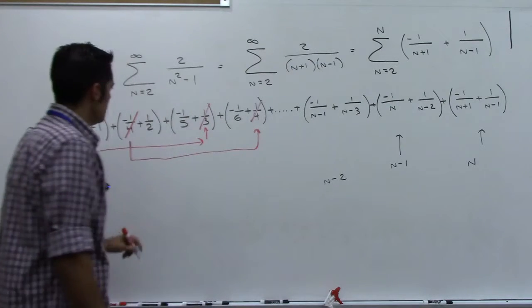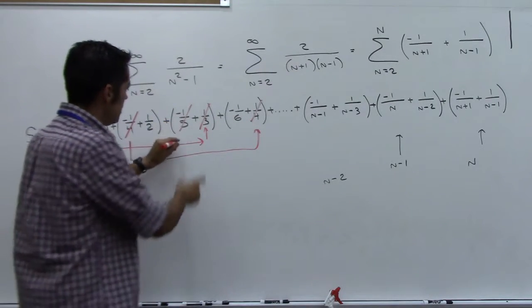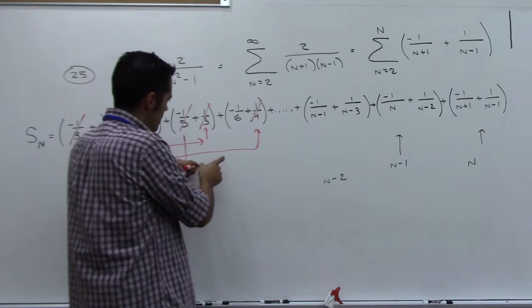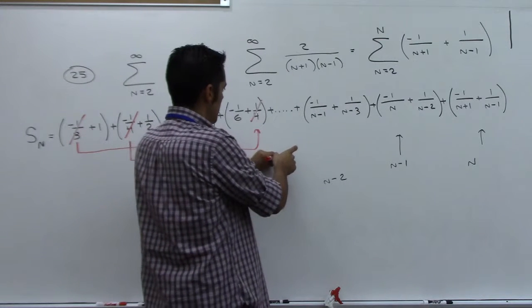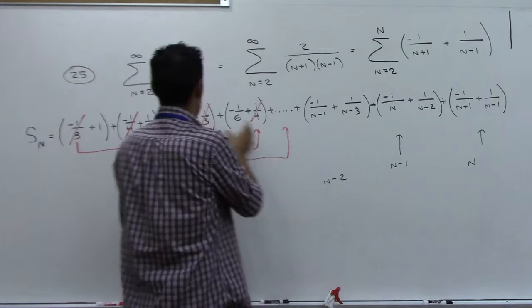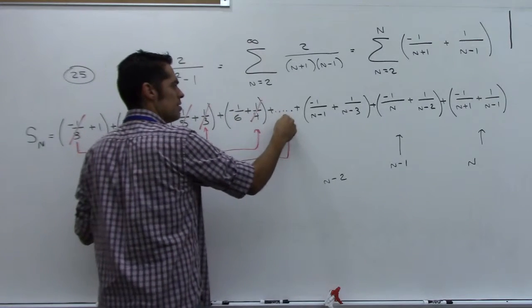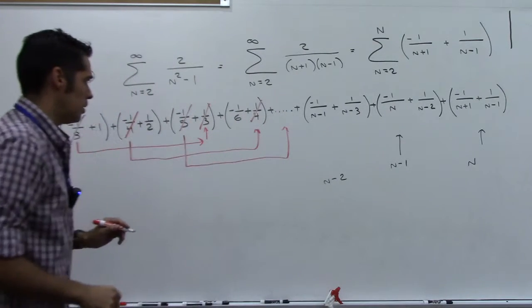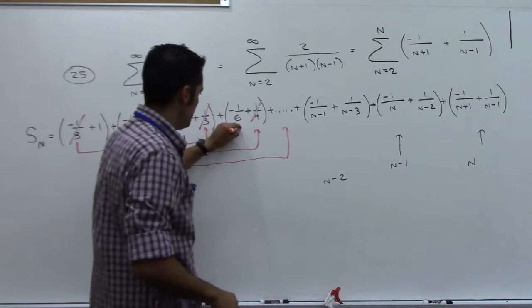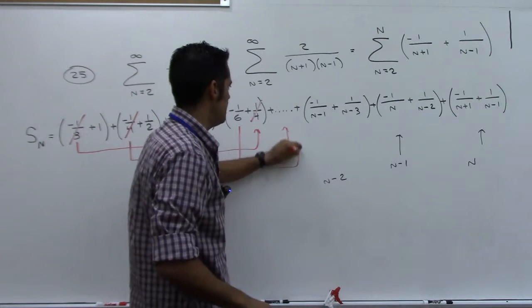Yes, the first number should be killed off by the second number in the parenthesis 2 away. So it would be in here somewhere, and that negative 1/5 would go away. This negative 1/6 would get killed off by something in here.